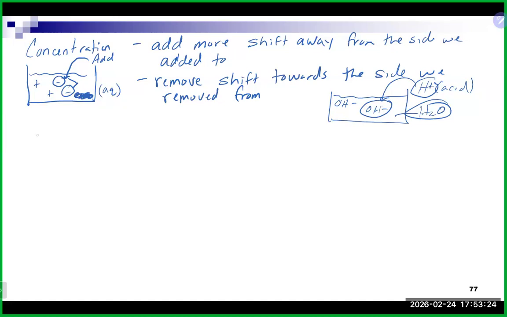Now, if we take a look at concentration here, you can think of it like a seesaw. This is professionally drawn stick figures. That's advanced stick figures because they have faces, right? Not so advanced that they have hair or anything like that. They just got faces. And if this side over here is, say, our reactant side, and this guy over here is our product side in the reaction, we are at equilibrium at this point.